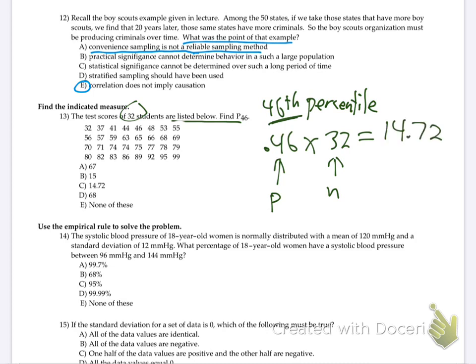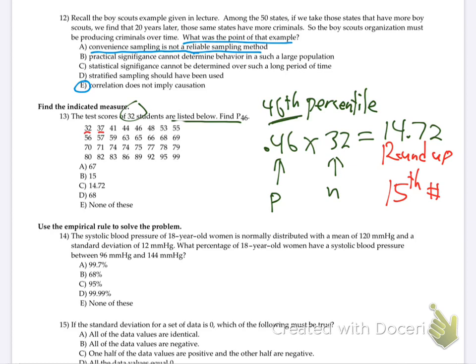What do the notes say we're supposed to do if we get a decimal? You're supposed to round up. So that'll become 15. So is our answer 15? No. It's the 15th number. We've got to go find the 15th number.